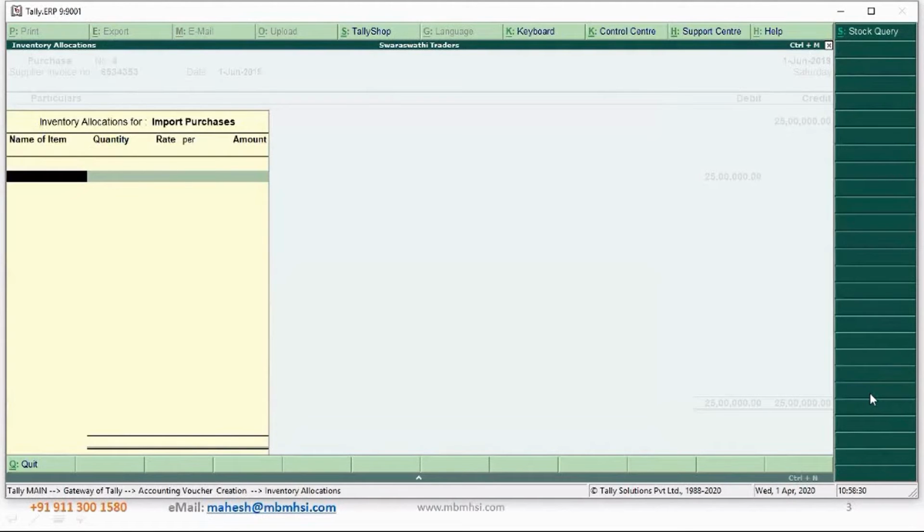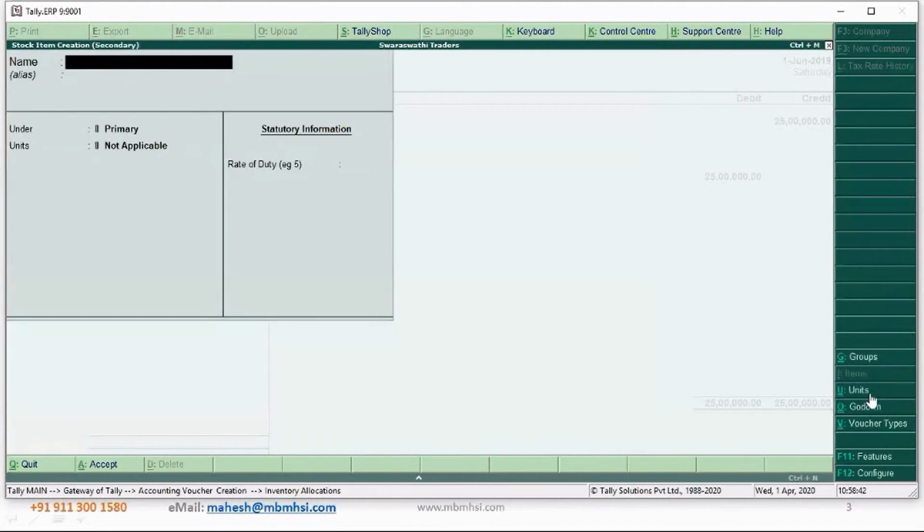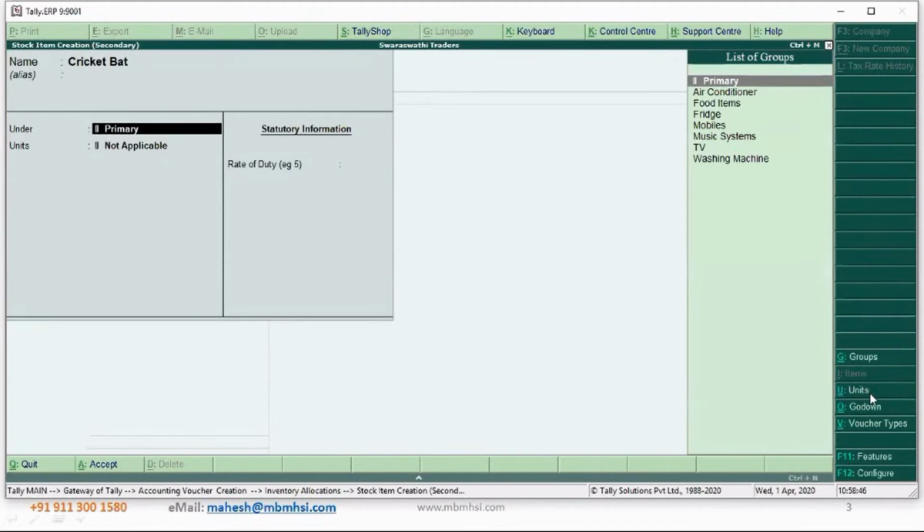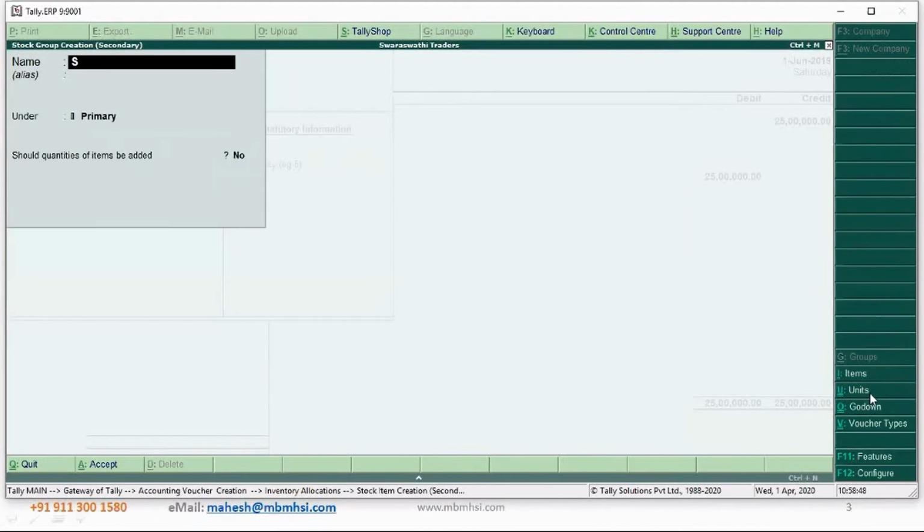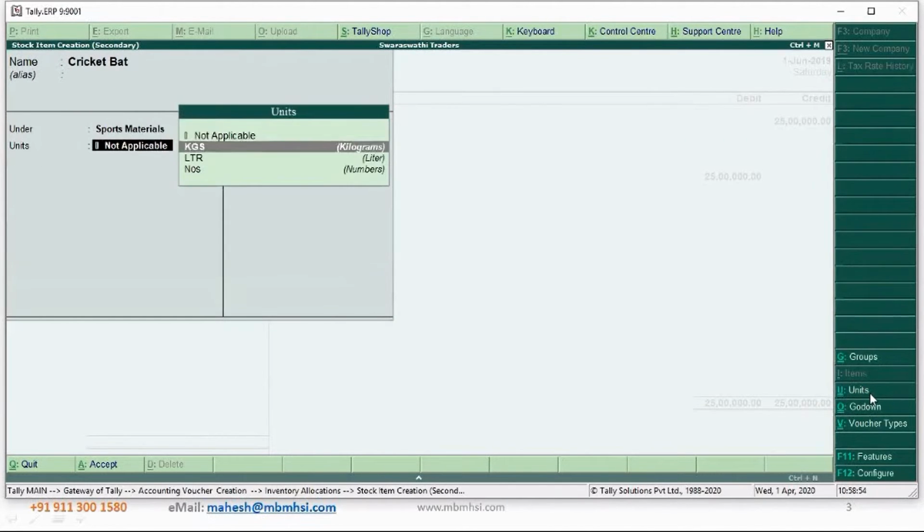So what item am I purchasing? For example, this is a sports company. They are into manufacturing of sports goods. So I'll just create an item. Cricket bat. Sports material. Okay, it's in numbers.